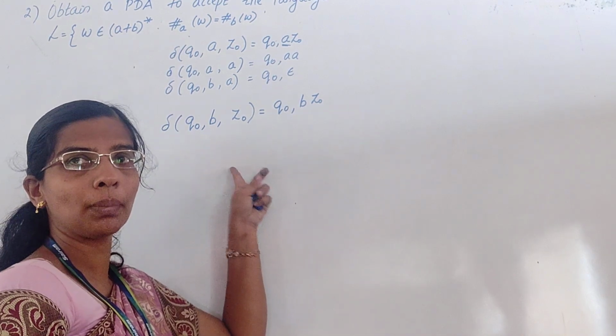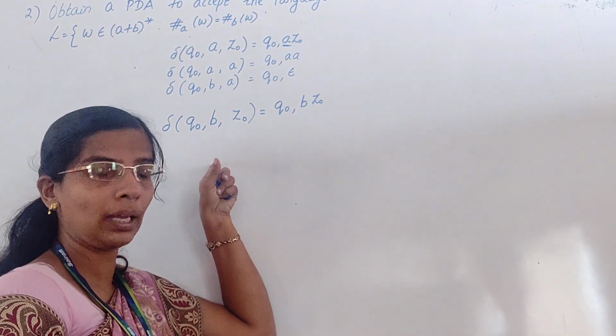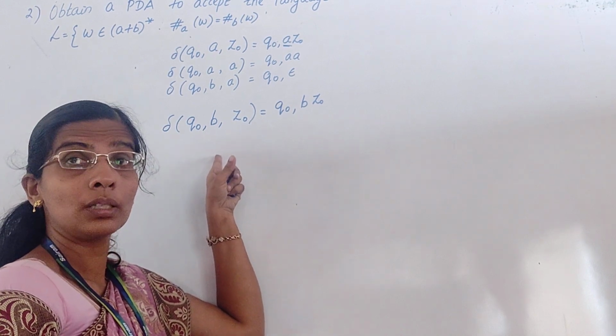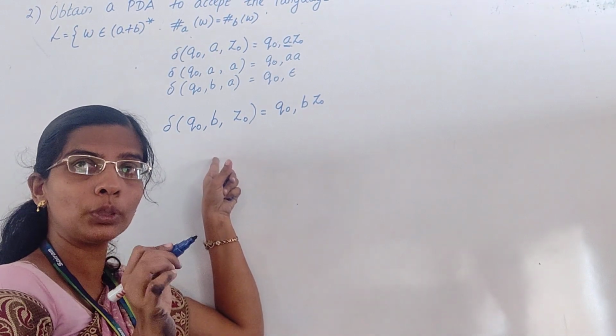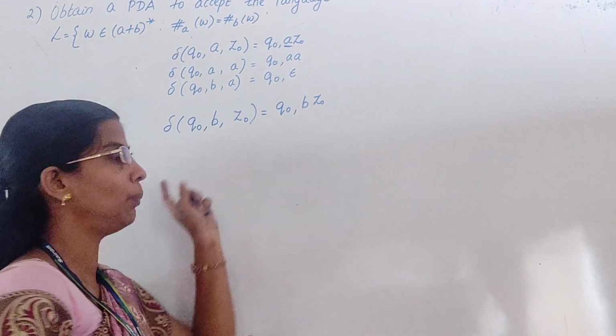In this case, I am assuming my first symbol as B. So whenever you see B, you will push. Whenever you see A, I pop.